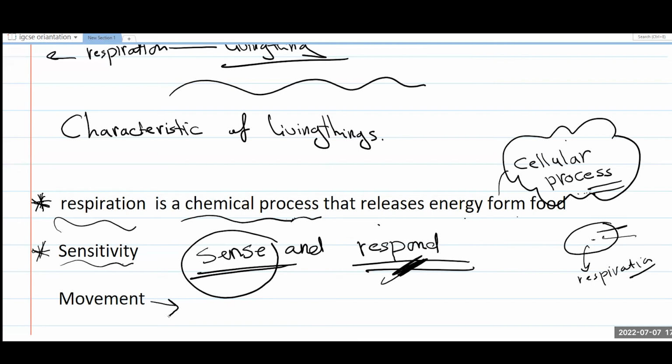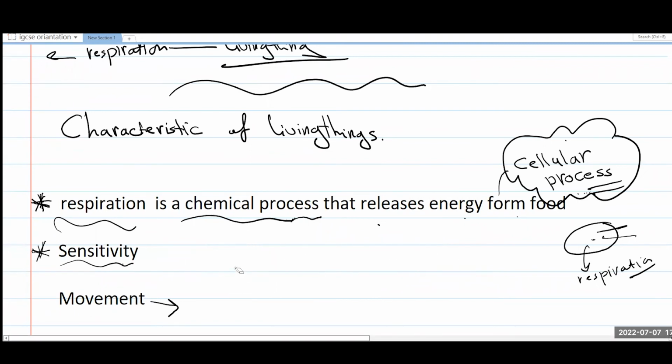Okay, so there is sensitivity, there is response. You understand me? So this is the sensitivity. It means the ability to detect stimuli and give an appropriate response.